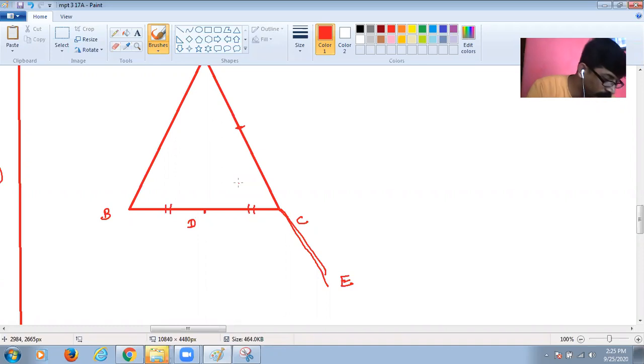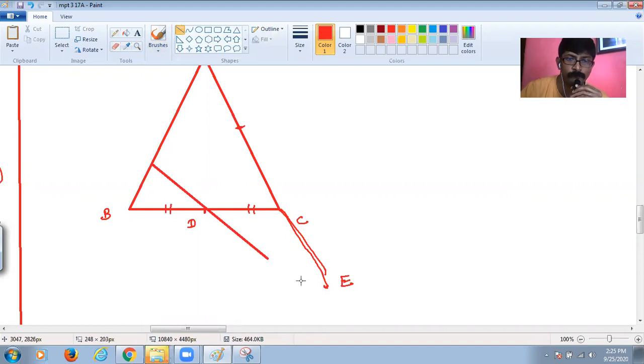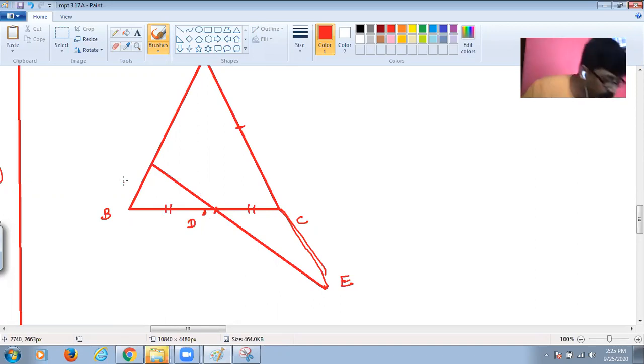Okay, so where is point E? This is point E. If we produce ED, consider that this is point D. So if ED is produced, it meets AB at point F.